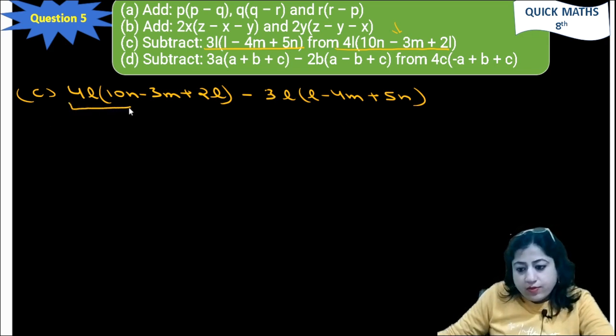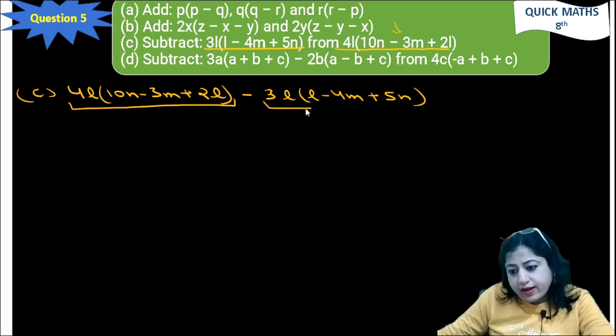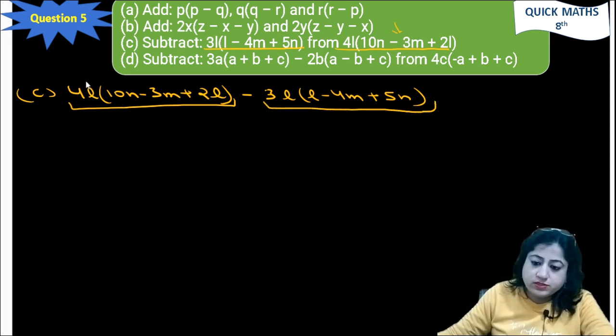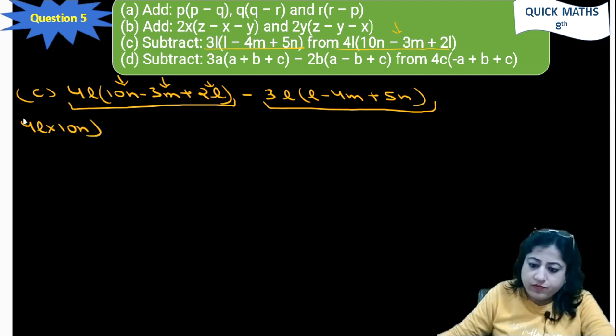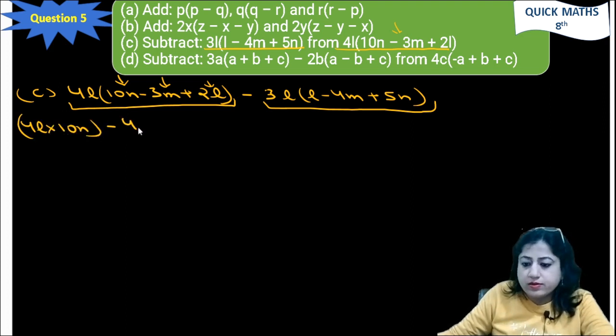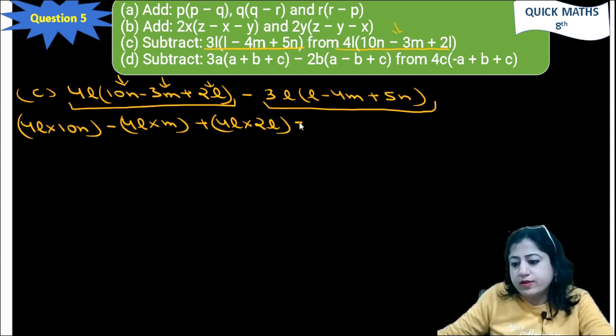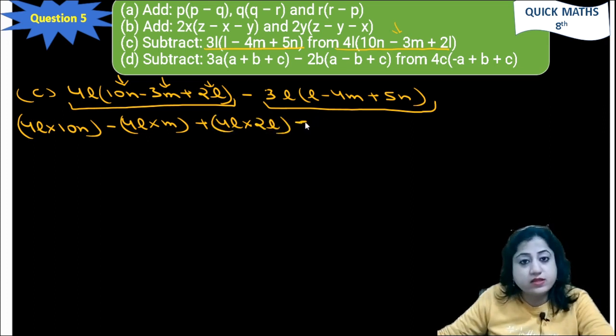Again, the minus sign indicates how many terms this expression has. It has two terms. So in the first term, using the distributive law, 4l will multiply with this, this and this. So 4l multiply 10n first, minus 4l multiply m, then plus 4l multiply with 2l, then minus, because minus is here, so I am using a bracket.